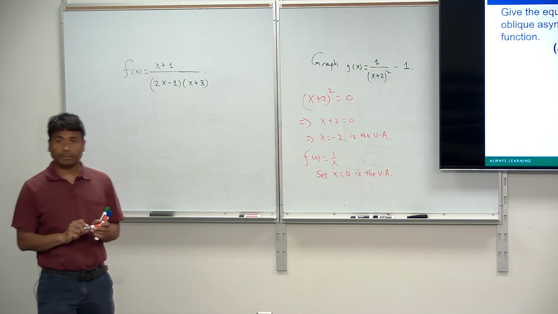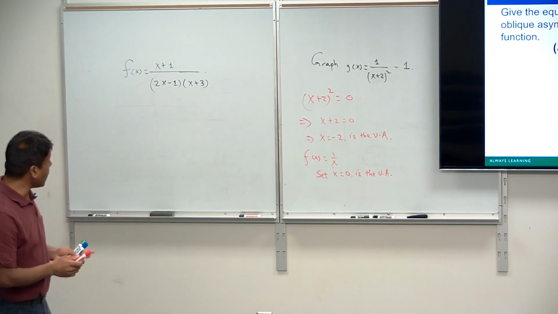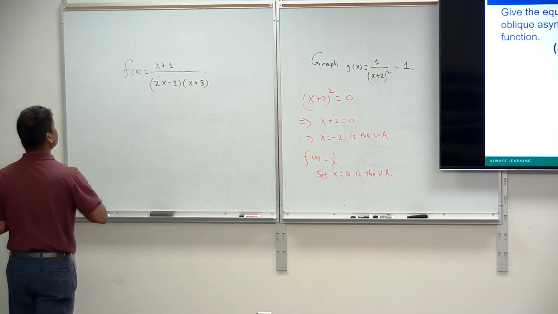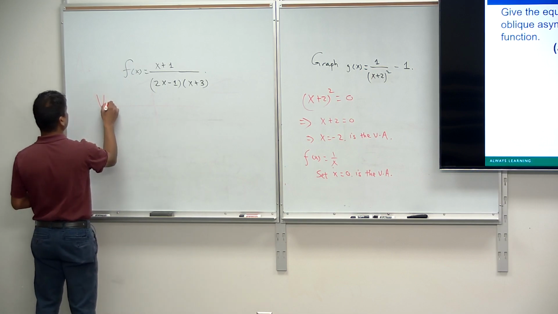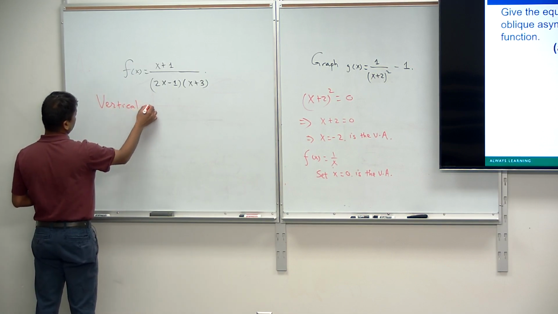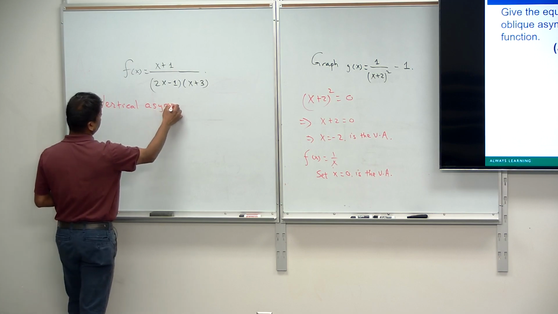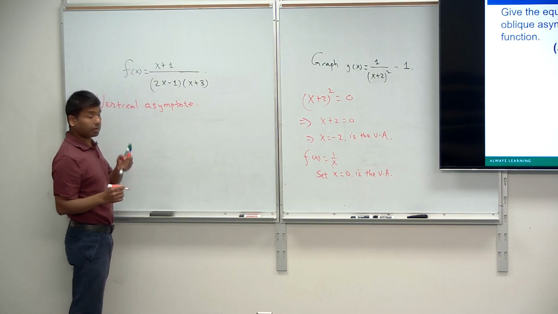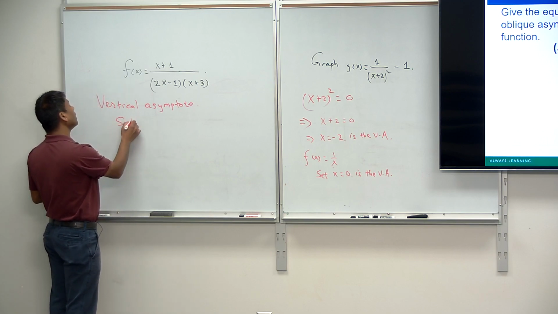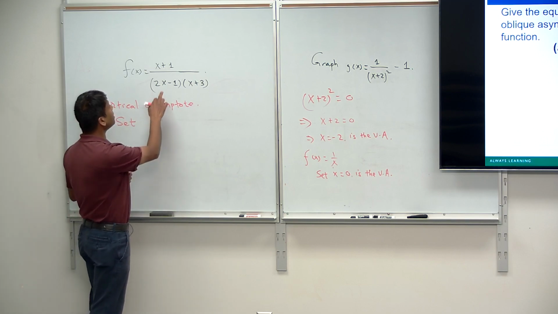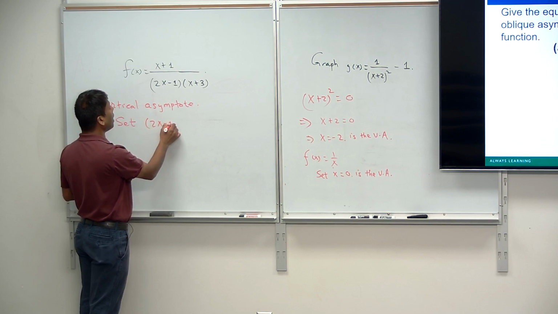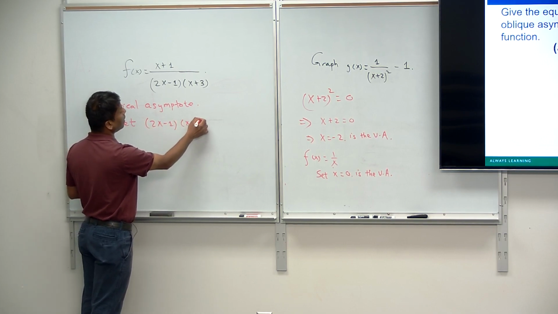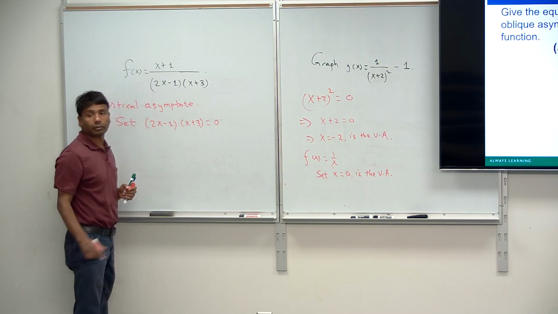So now what you need to find here is the vertical asymptote. How do you find that? You set the denominator equal to 0. What is the denominator? 2x minus 1 times x plus 3 equal to 0.